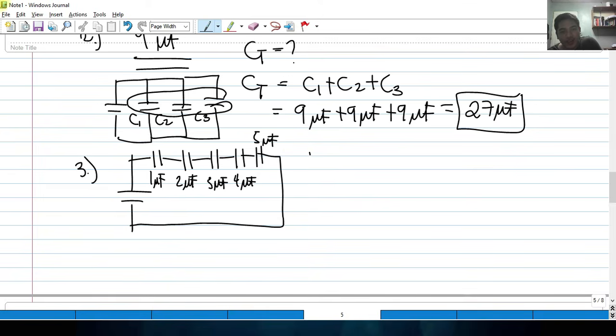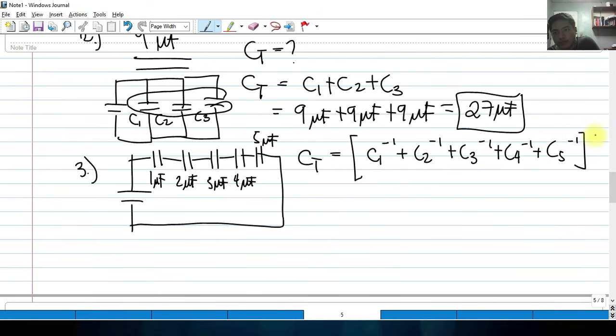So let's try. For the total capacitance connected in series, since we have 5 capacitors, we have C sub 1 raised to negative 1 plus, yes, we have this formula. Okay? So substitute.